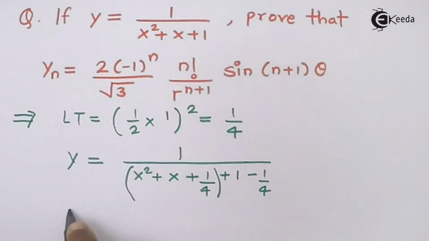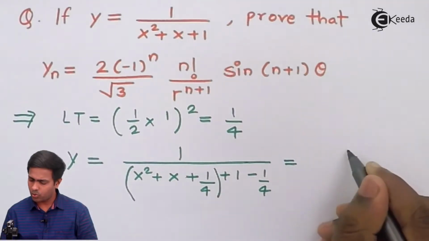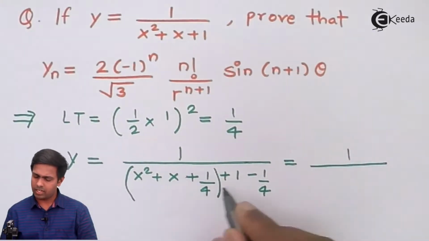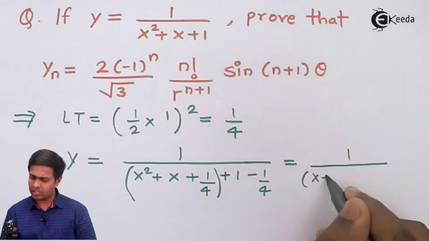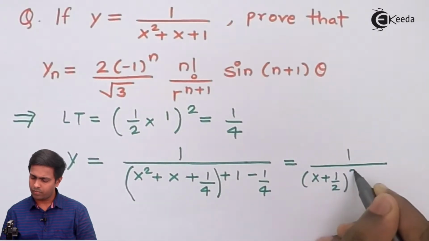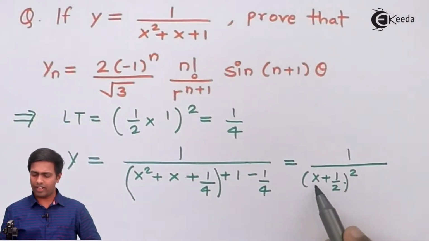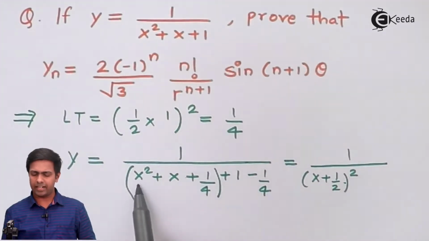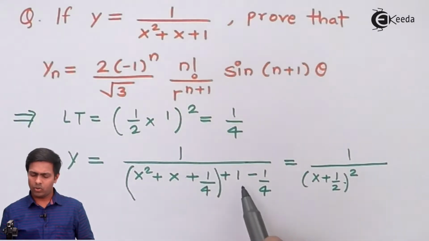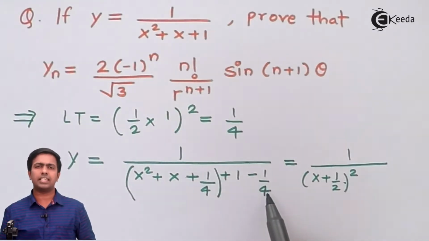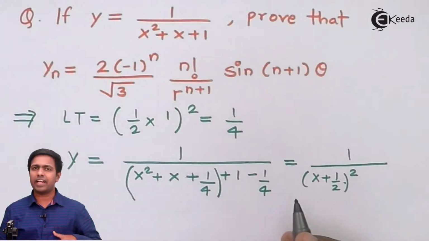So guys, here I can say that this is equivalent to 1 upon, now this term is nothing but the square of x plus 1 by 2. So if you try to expand this bracket by using the formula of a plus b the whole square, you will again get these three terms. Now what is 1 minus 1 by 4? So guys, it is 3 by 4, but I will write it in the square term.